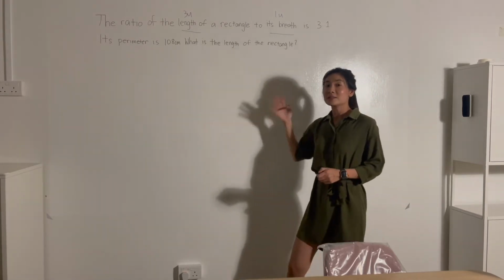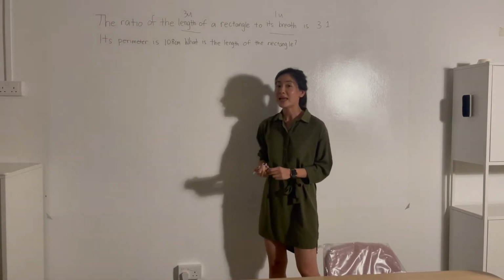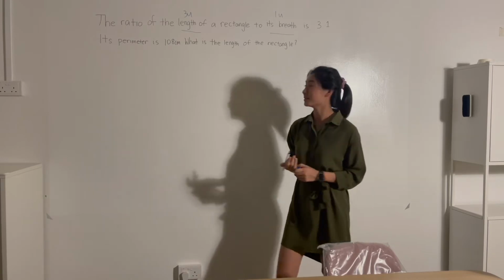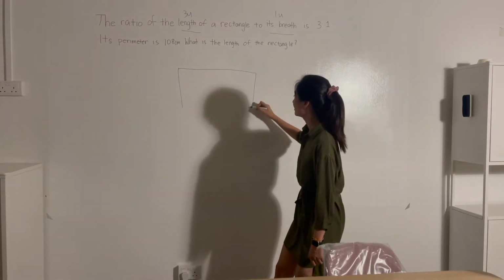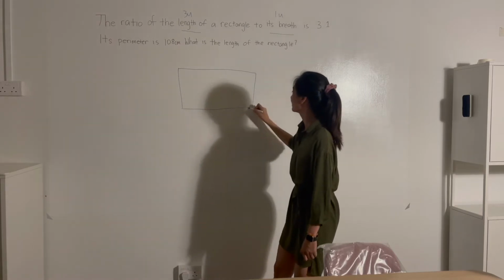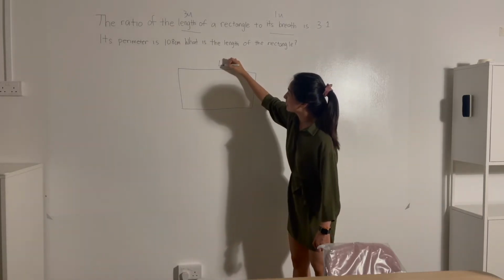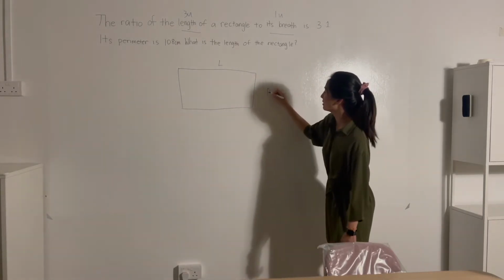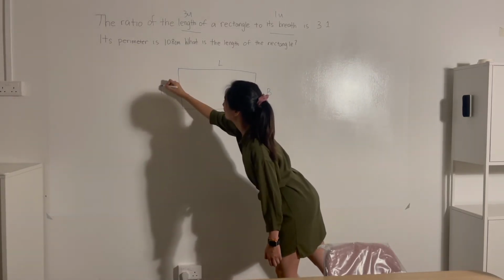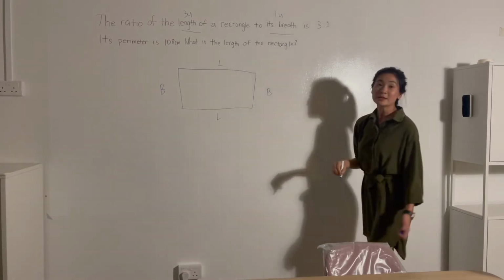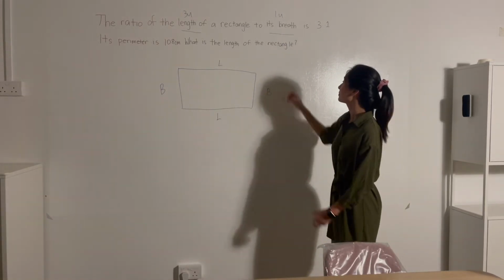Before we further dive down into the question, let us do a recap on perimeter. Here we have a rectangle where this is the length and this is the breadth. Let us just label everything. So now class, how do we find perimeter?